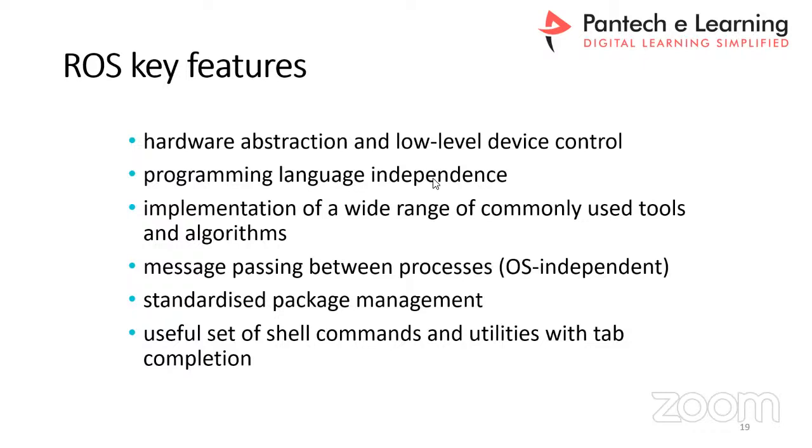You may have to use XML, and you will be using Python, C++, C based on your application. You could use any type; it is programming language independent. Implementation of a wide range of commonly used tools and algorithms, message passing between processes. It is OS independent, with standardized packages for management and a useful set of shell commands and utilities with tab completion.